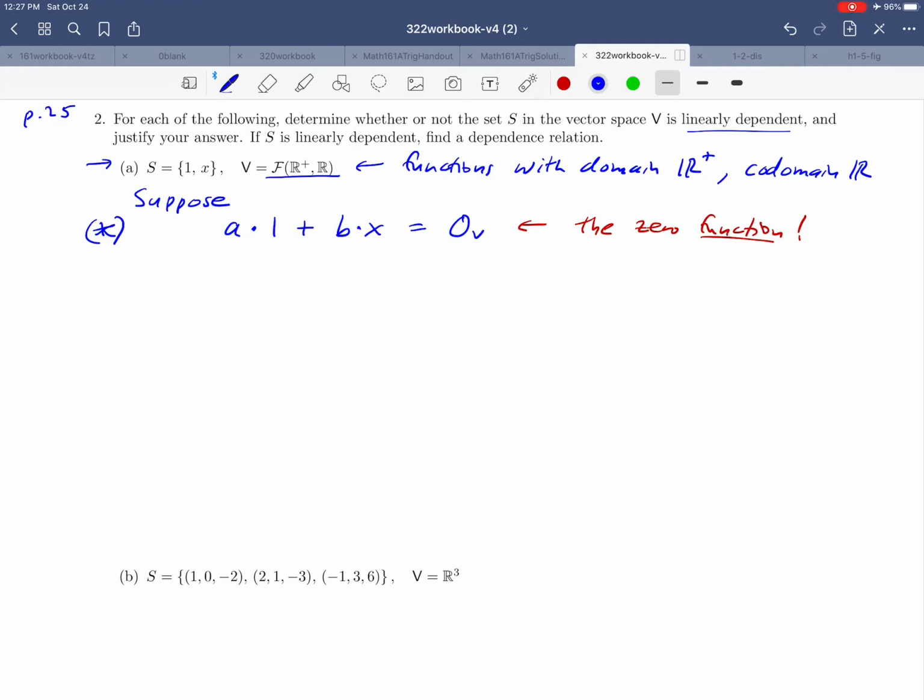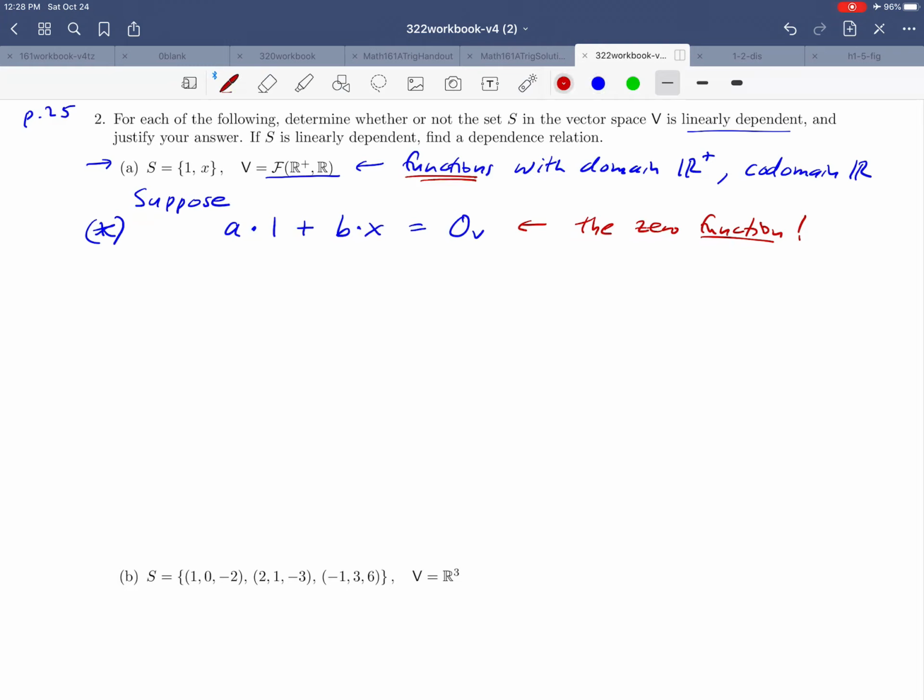Now here comes the critical step. What do we do with this? The question that we're really trying to answer is what kinds of solutions can we get to star? Could there be non-trivial solutions, or is only the trivial solution a solution? Well, the key here is remembering what we're dealing with in this vector space.